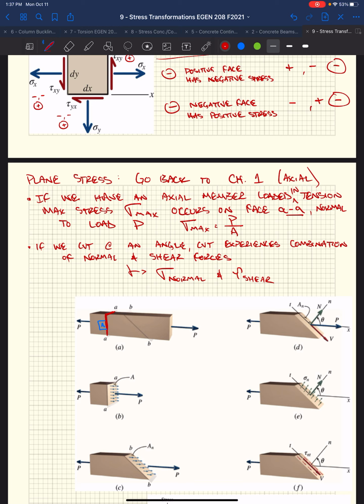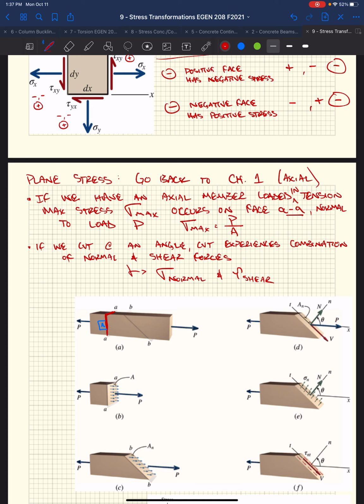So we cut this axial member, which just has one force on it, P. But based on the orientation, we rotated this stress block. We were no longer looking at the stresses that were normal to our applied forces. We started looking at the stresses that were oriented at a given angle.